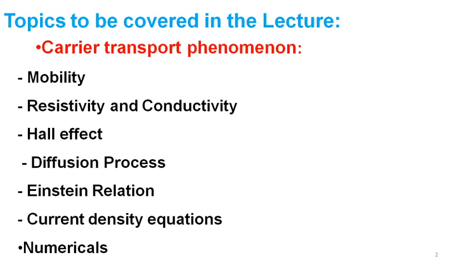Then we will also go through the diffusion process, Einstein's relation between the coefficient of diffusion and the charge carriers, the current density equation, and also some numericals based on these topics.